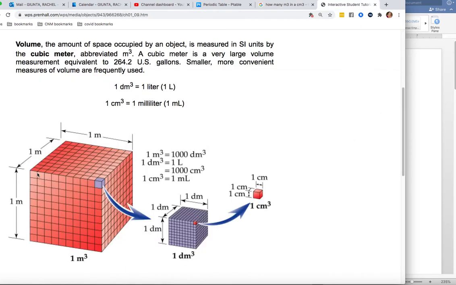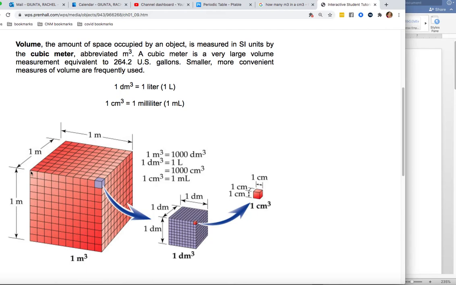So here is a cubic meter, and in this case it's divided into 10 sections in each direction. In the case of a centimeter, this would actually be divided into 100 across here. They don't do that in that image because you wouldn't be able to see the individual cubes.